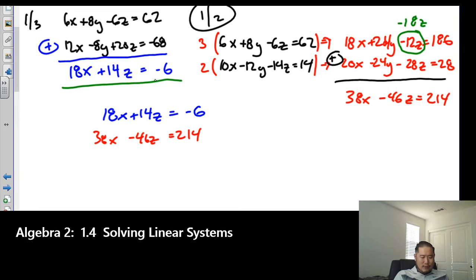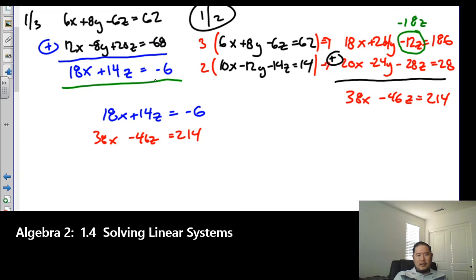So let's figure out, well, what works, we got to figure out our LCM. And so we could eliminate the x or the z. Let's figure it out. All right, we got to go through this. 14 times 3 gets me 42.